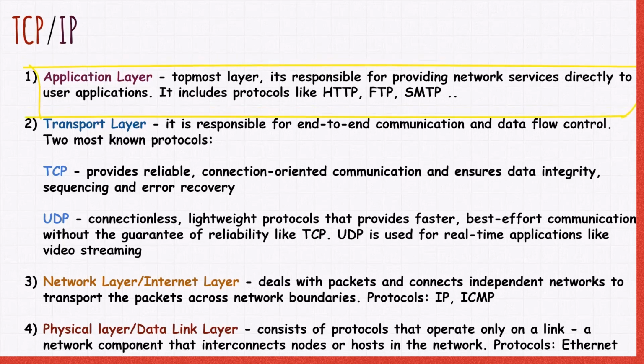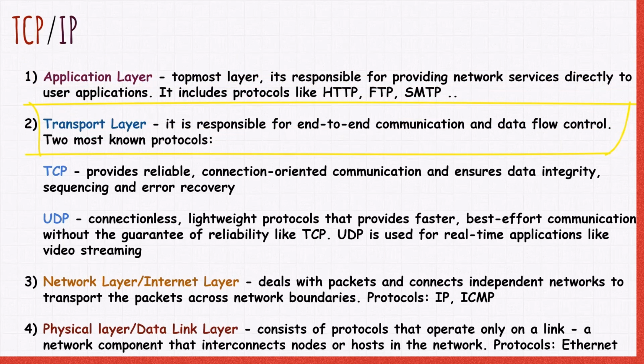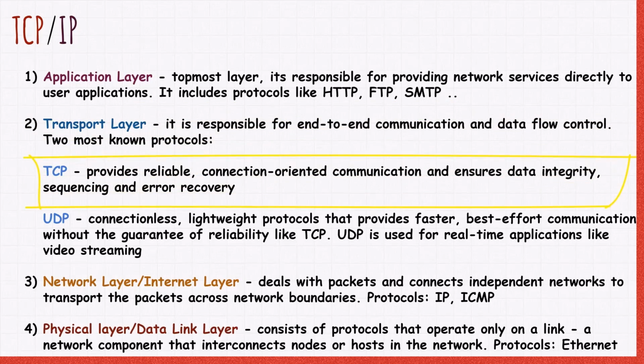network. We got the transport layer, and the transport layer is responsible for end-to-end communication and data flow control. And two of the most well-known transport layer protocols are TCP, or Transmission Control Protocol, which provides reliable, connection-oriented communication. It ensures, once again, data integrity, sequencing, and error recovery.